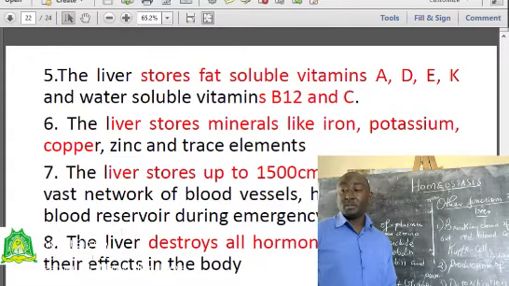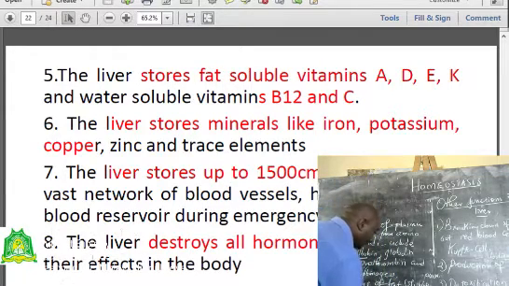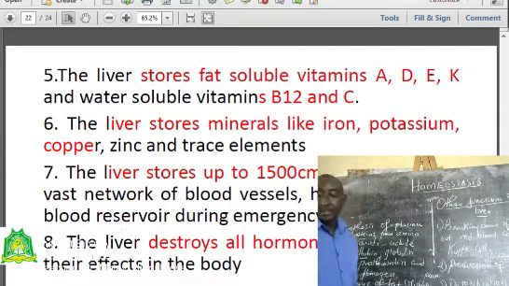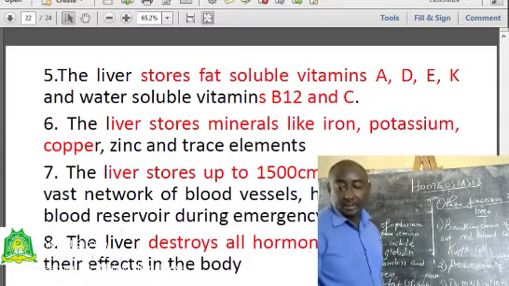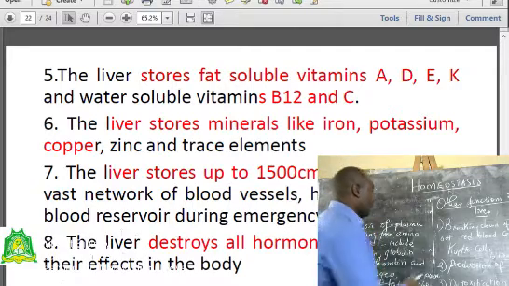Why? Because it contains iron, which is a key component in formation of the hemoglobin. So it stores iron, potassium, copper, zinc, among others.